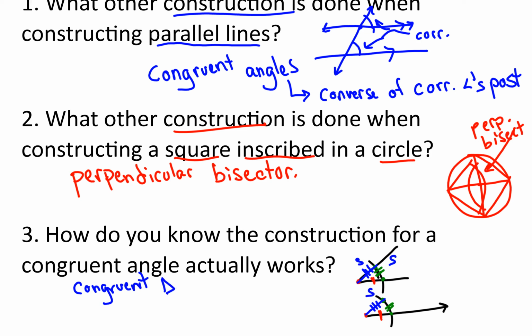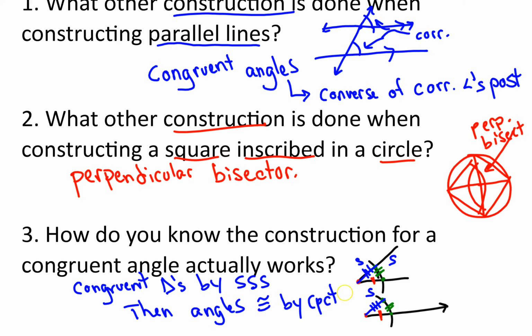Then the angles must be congruent by CPCTC. And that's it. So how do we know the construction of a congruent angle actually works? Well, because we constructed two congruent triangles, which then would create two congruent angles by CPCTC.